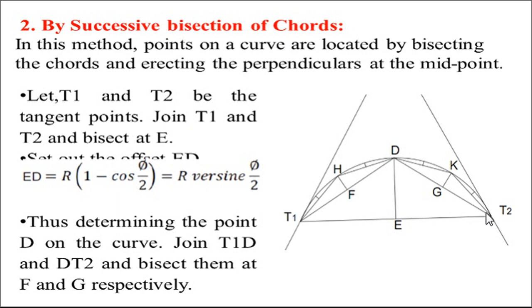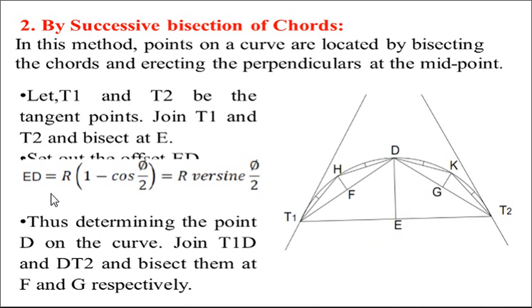Join T1 and T2 and bisect at E. Next, set out the offset ED.